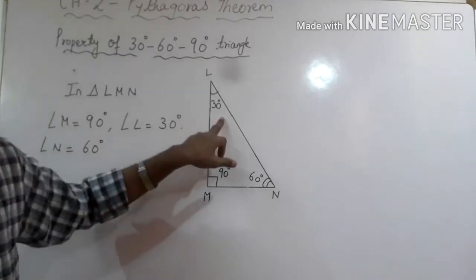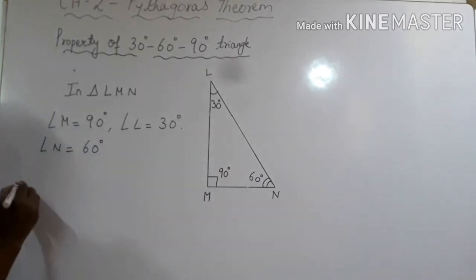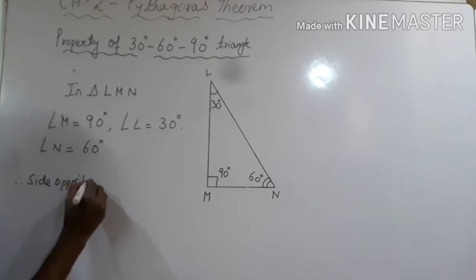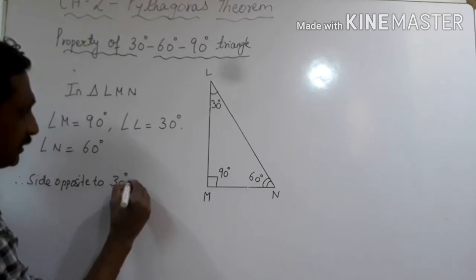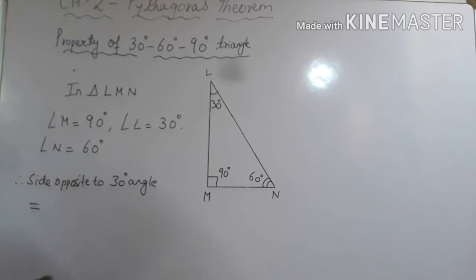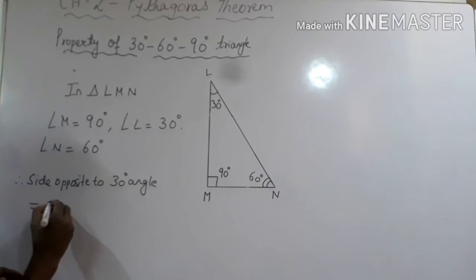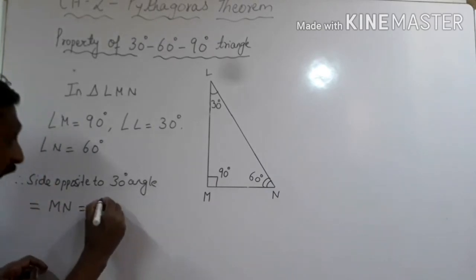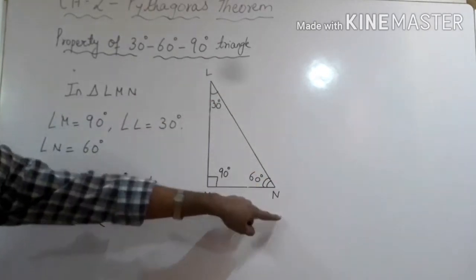Now let us find the side opposite to angle 30 degrees. Which side is opposite to the 30 degrees angle? Side MN, which is equal to half into hypotenuse. But what is the hypotenuse? LN.